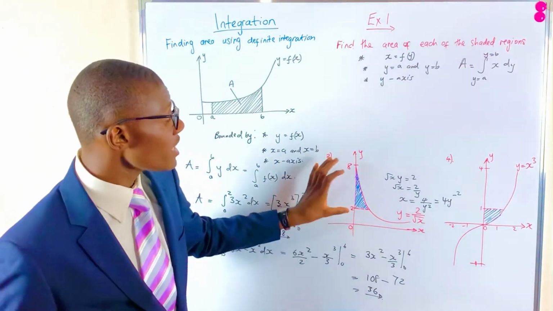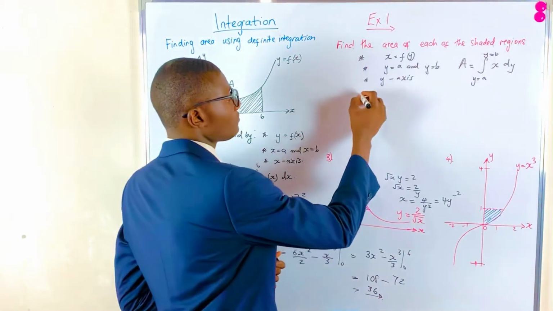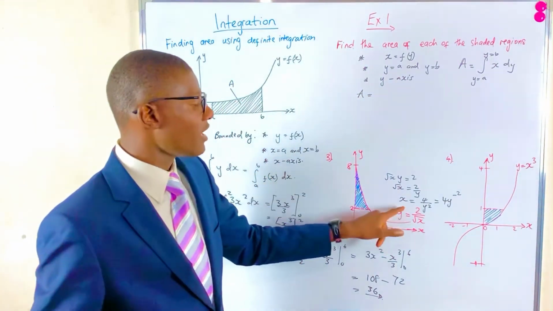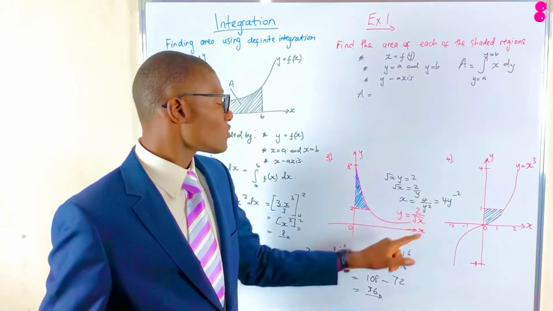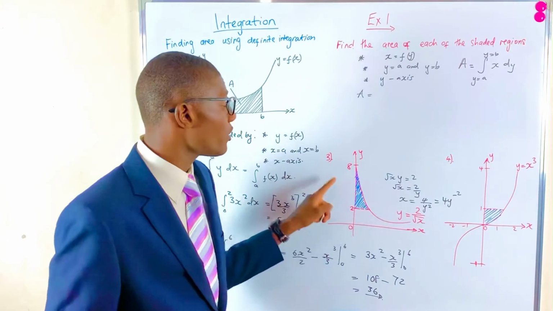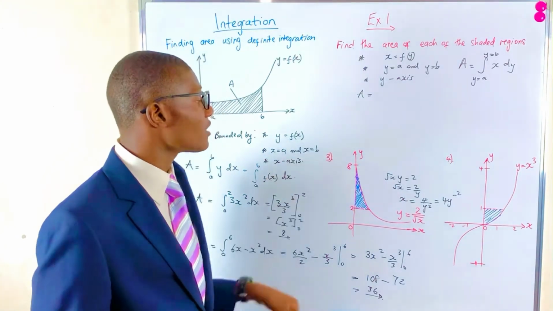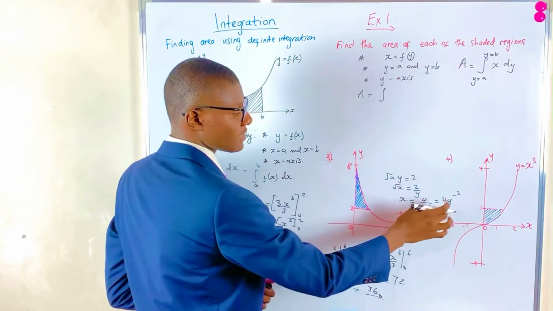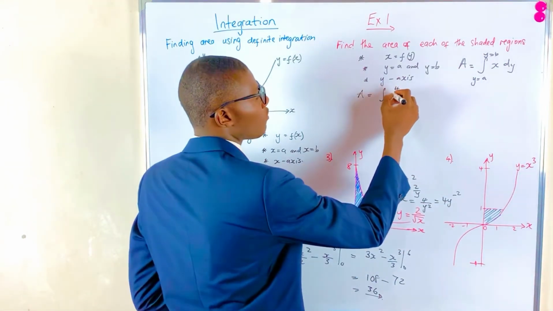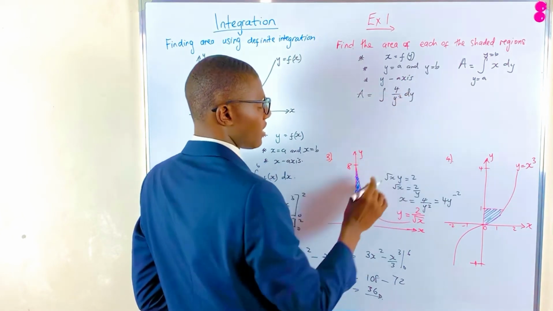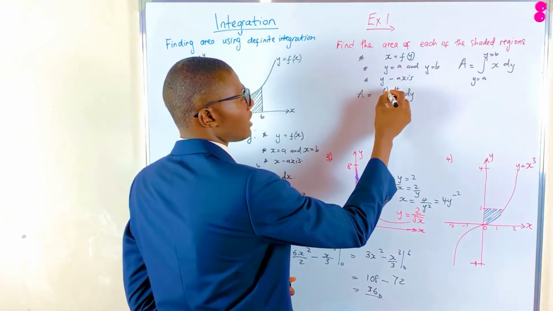So now we shall say the area of the shaded region bounded by the curve x is equal to 4 over y squared, the lines y is equal to 2 and y is equal to 8, and the y-axis is given by the integral of x, being 4 over y squared, with respect to y, with the limits from 2 to 8.